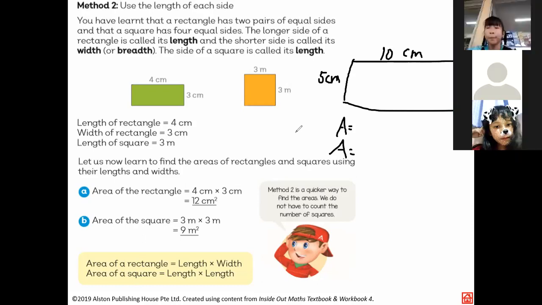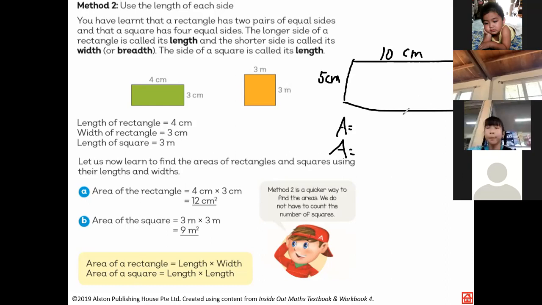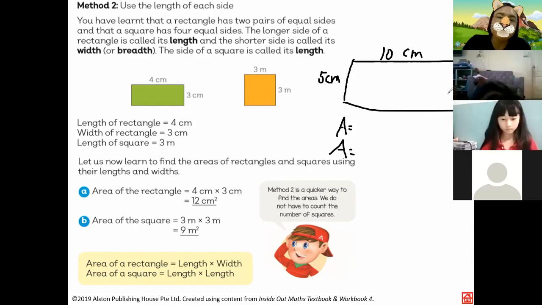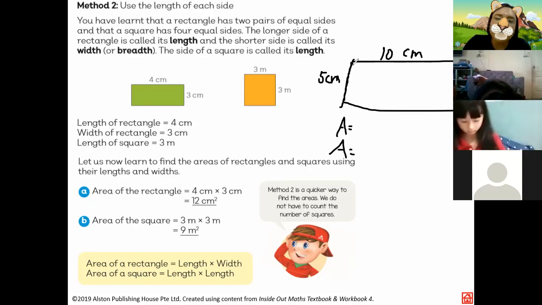Class, what is the area of this shape, the rectangle? This one is 5 centimeters and this one is 10 centimeters.